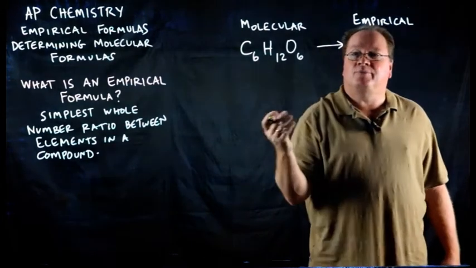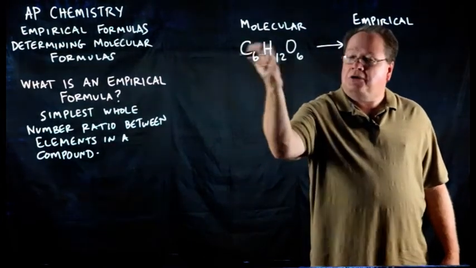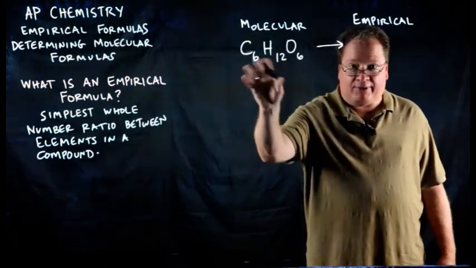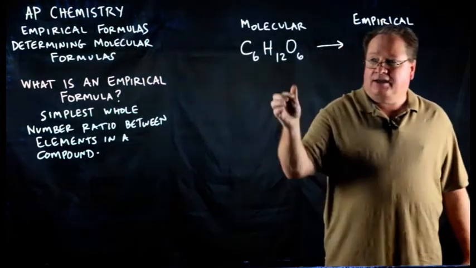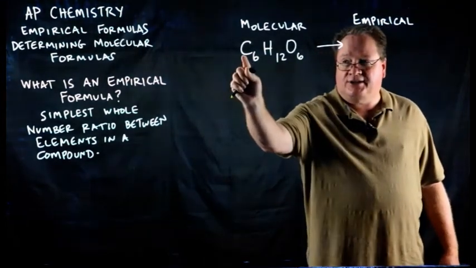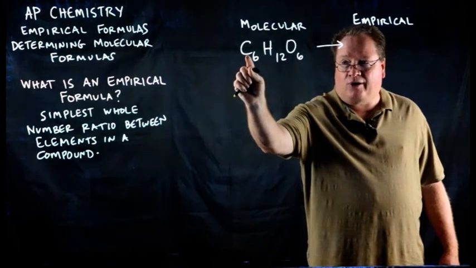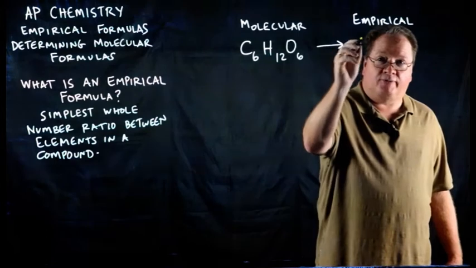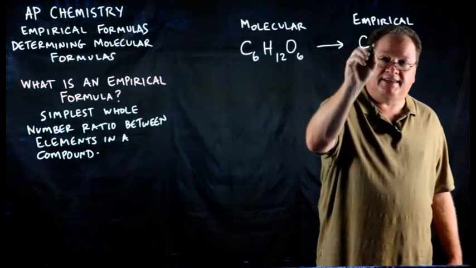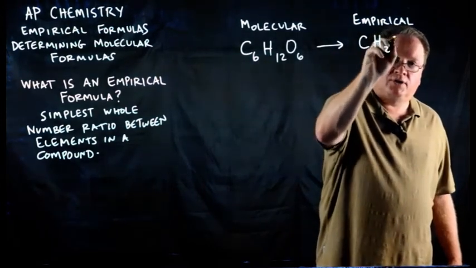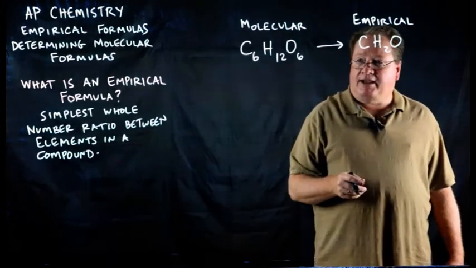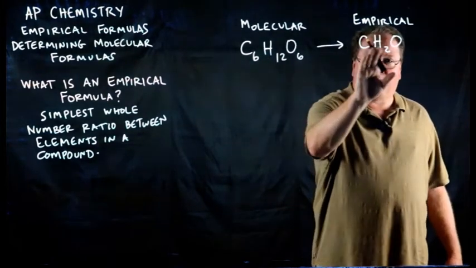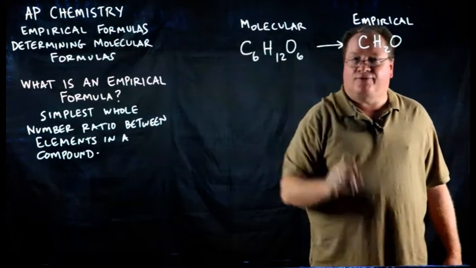If I wanted an empirical formula for this, I do just that. I reduce it by whatever factor I can. And so I can see the ratio here is for every one carbon or oxygen, I'm going to get 2 hydrogens. So my empirical formula for this would simply be CH2O. Basically, if I multiply all of these by 6, I get this formula.